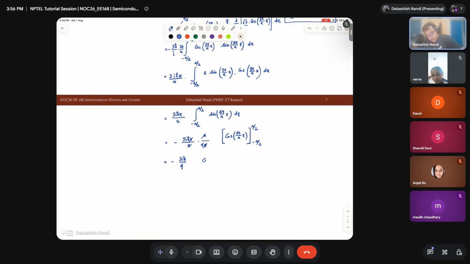So this will become cos a by 2 becomes 2 pi minus cos minus 2 pi. So this is 1, this is also 1. So this entire stuff will result in 0, right? So what do I see? I see that the average value of the momentum, delta px, is 0.